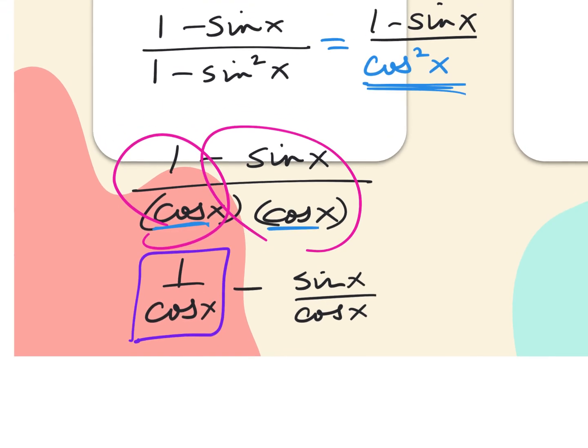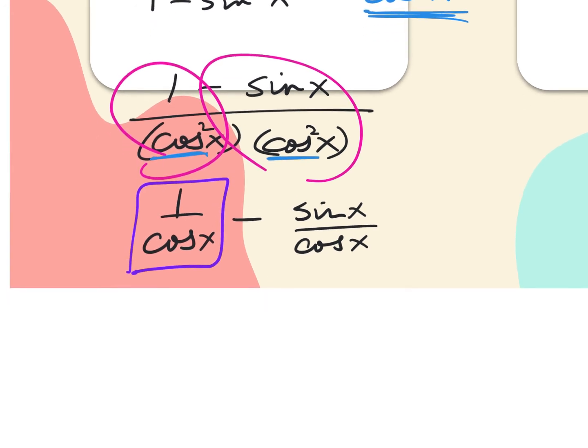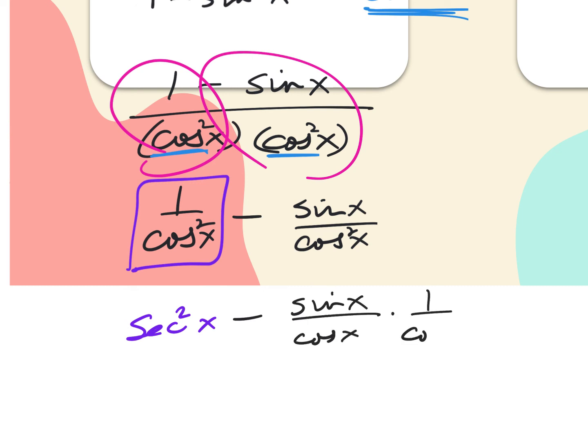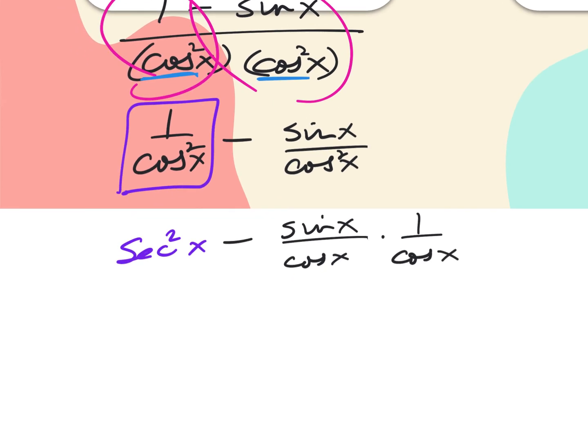Actually, this is going to be its own. This is going to be squared. So then now what I have here is its reciprocal, secant squared x, and then minus, and then I'm going to go ahead and split this apart now, and this will become sine x over cosine x times 1 over cosine x.